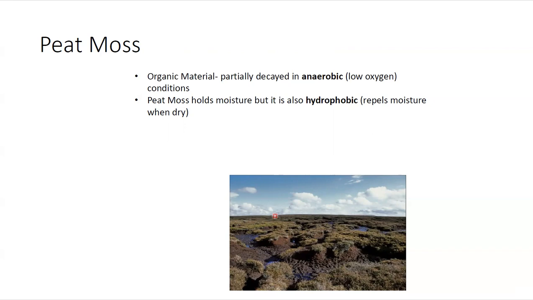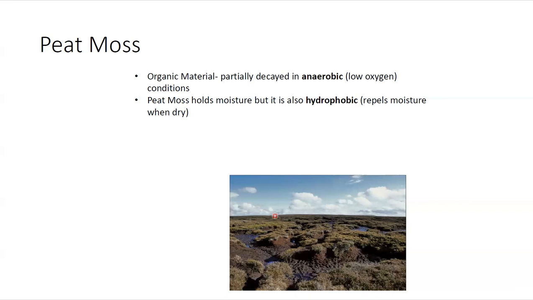The main primary function of peat or any of the organic materials is that it holds water. Generally, the organic portions of our growing media are there to hold water, just like organic matter in our soils increases our water holding capacity.